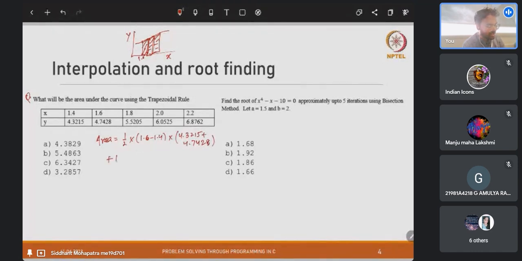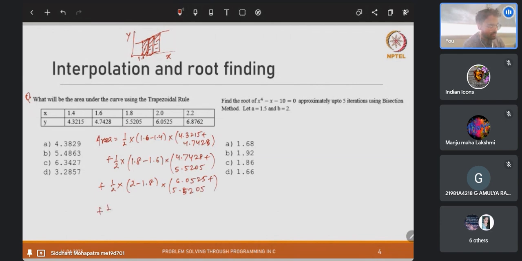Then you have the area of the second trapezium, which is from 1.6 to 1.8. So it's half into 1.8 minus 1.6 into the sum of these two values: 4.7428 plus 5.5205. Then we have the third trapezium, which is half into 2 minus 1.8 into 6.0525 plus 5.5205, the sum of these two, which are the sides.